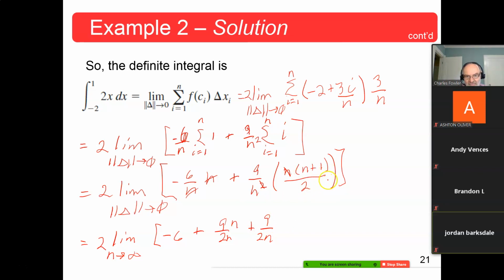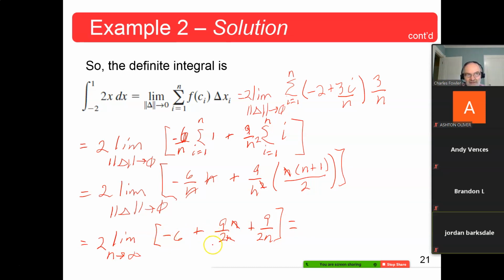The n goes with this one, the 1 goes with that one. Okay. Now, notice here, also the n's go out. There is no n to cancel this one out, so what do we have left? Minus 6 plus 9 halves.